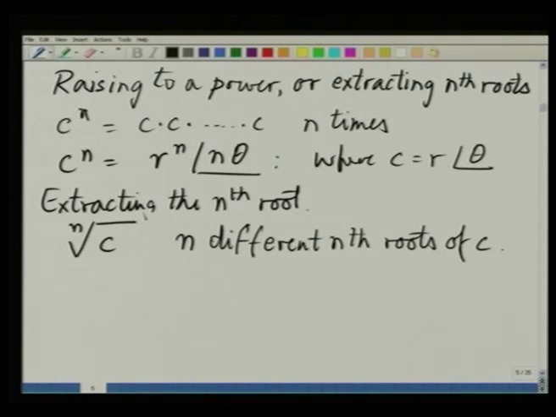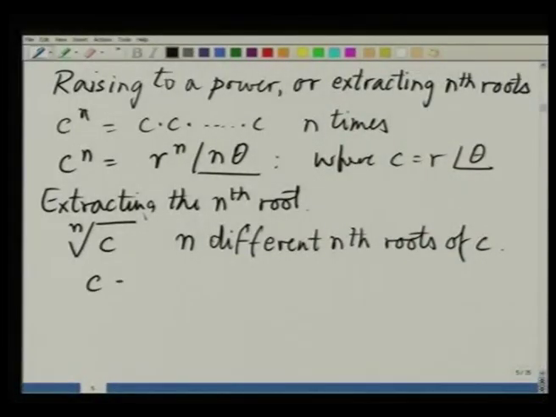So, how do we find the n different nth roots? Let us try to understand this carefully. We have c given again, just to remind ourselves, by r and theta, fine.